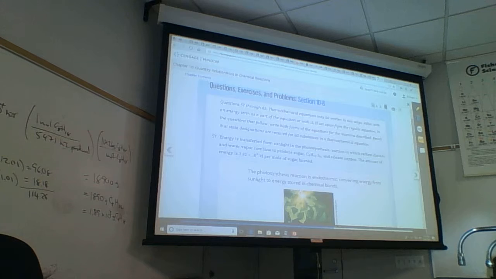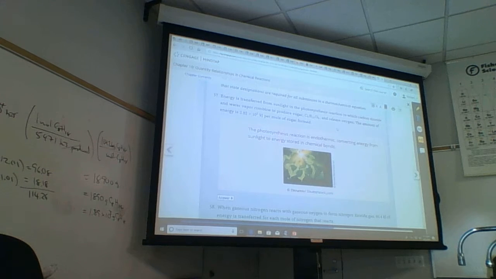Thermochemical equations may be written in two ways. So we can write this one. We'll just start off with CO2 combines with water, yields C6H12O6.